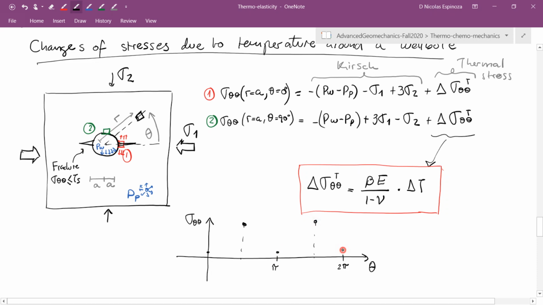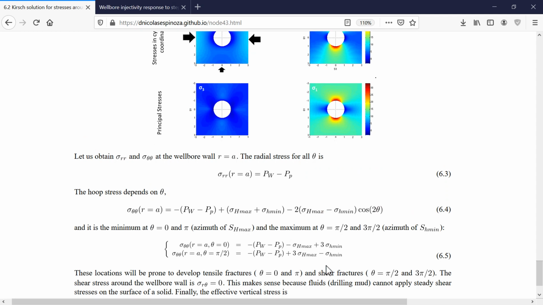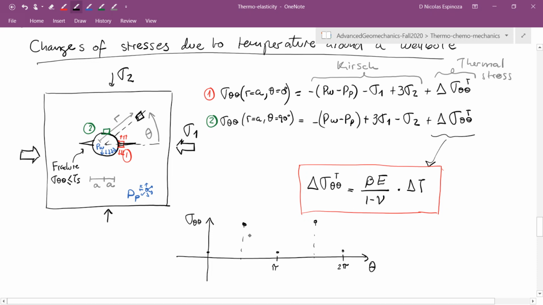And again, high compression, mild compression. If you take a look, let's come back quickly to these equations, you see that there is a cosine here. So actually, we are going to have a sinusoidal shape here that is going to look like this.